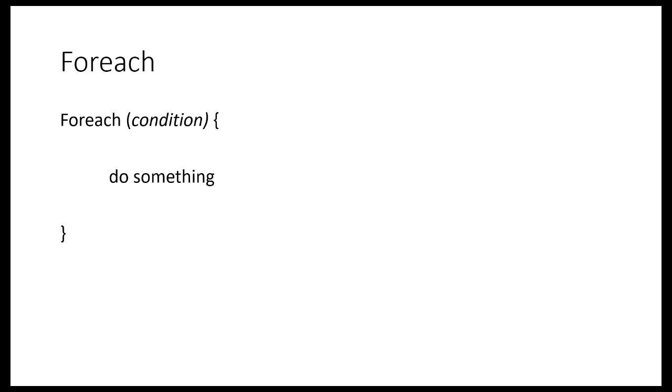And then we have the for each, which is just like for, but this is normally iterated as an array. So usually the condition is array as value, and the way that it works is, going back to our earlier presentation, say I have an array and I want to get the average.